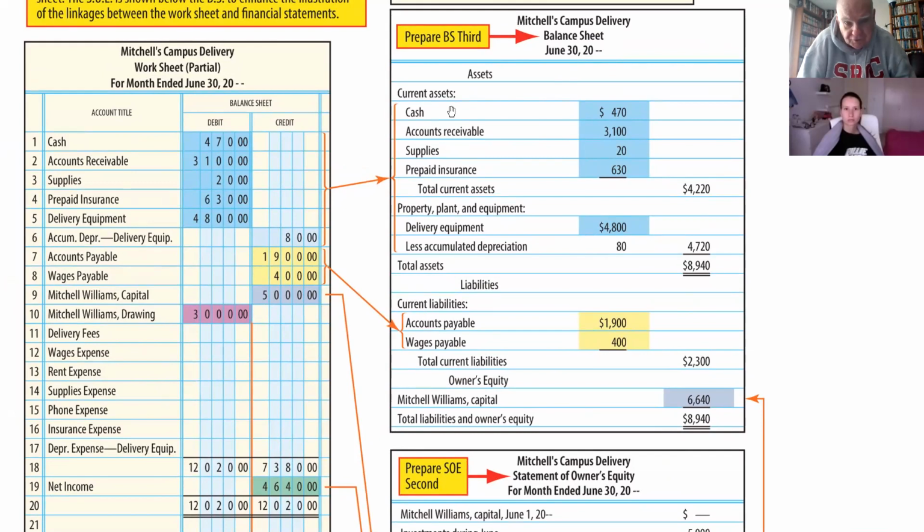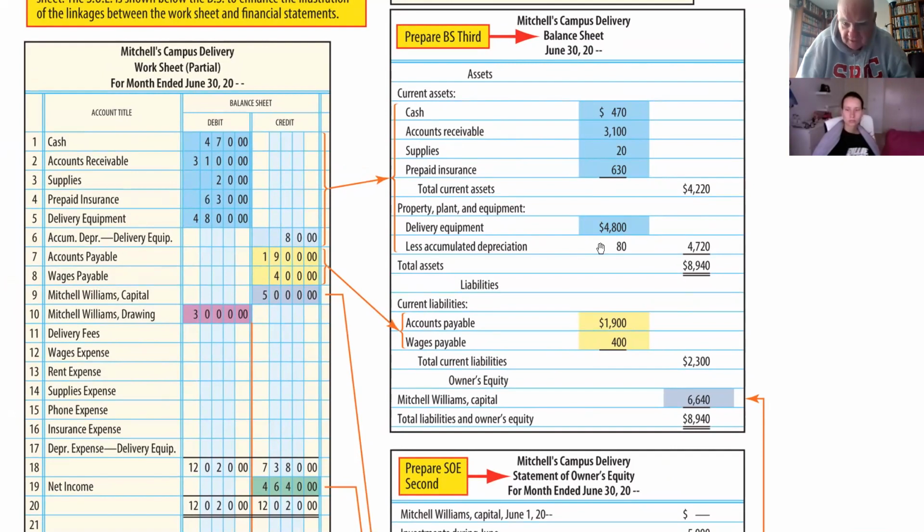Current assets come first. You would put current assets and put a colon after that, maybe indent a little bit, present it so it makes it a little easier for the reader to follow. So we add our current assets and we have a total of 4220. He had delivery equipment and we depreciated $80.